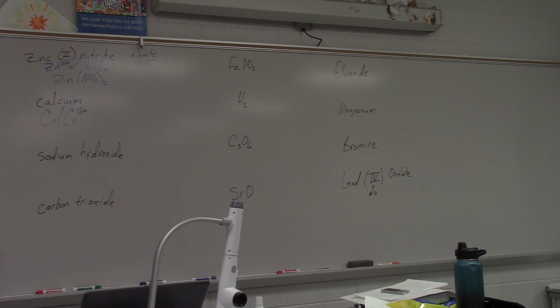The truth of it is there might be some professors that are not going to trick you like this, and they'll be like, well, it's just calcium by itself, so it's just the element. Cool. I'm doing this on the off chance that you end up with one of those 5% chemistry professors out there in the world that sit in their office and think, how can I make a kid fail a quiz? So I am preparing you. Careful.